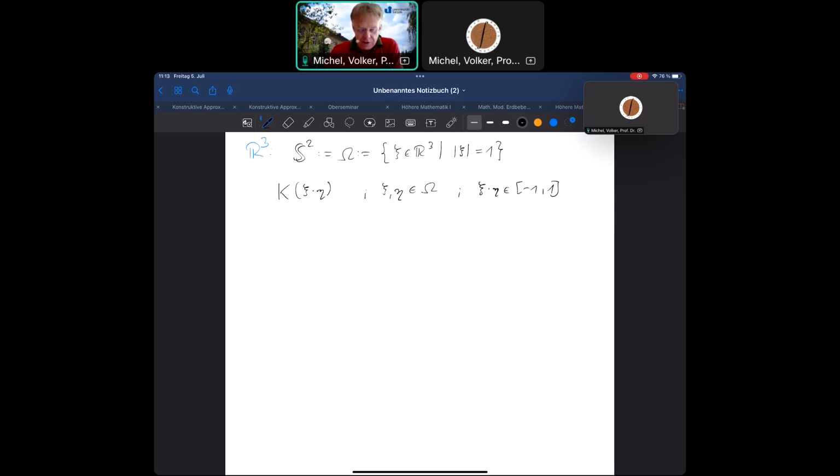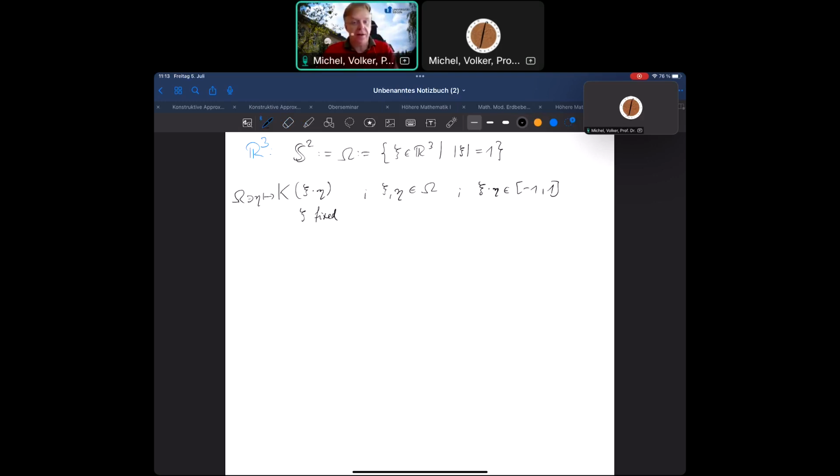Now, if you talk about functions on the sphere, we have to distinguish these 2 points. What I'm doing here is, for example, to say that we have a point eta on which this depends, so xi is fixed in that case.